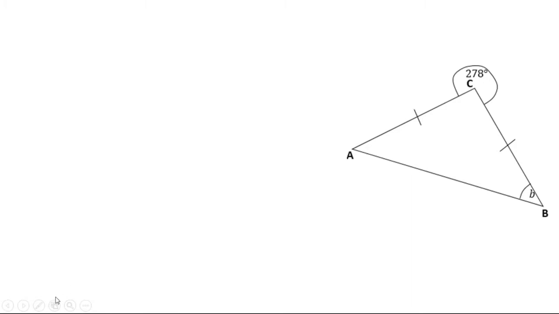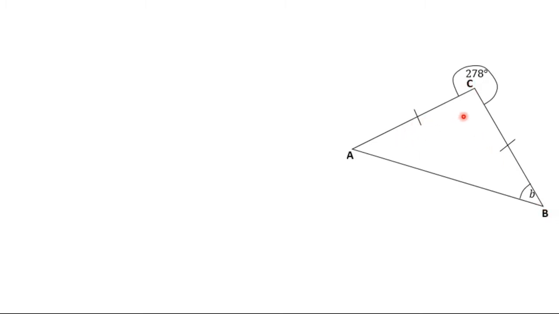So let's consider this diagram that we have here. What can you say about it? We can see that triangle ABC is an isosceles triangle. There is one bar here and one bar here, showing that line AC and line BC are equal.